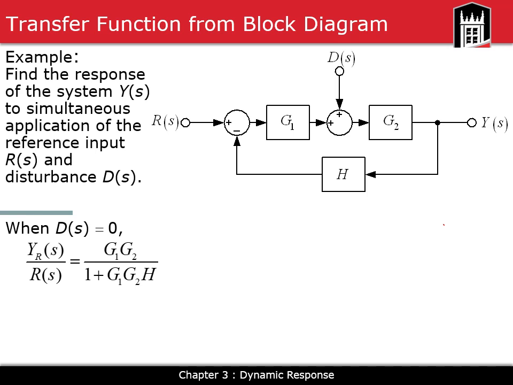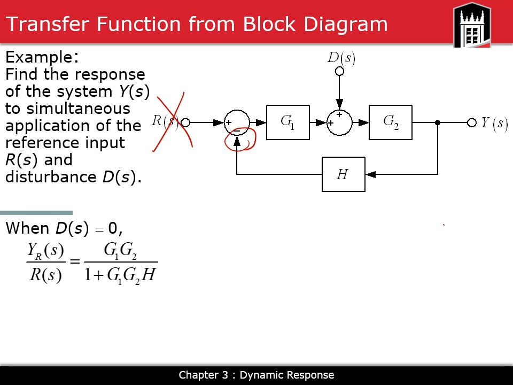If D is 0, this is what we obtained. Now if R is 0, whatever goes to that summation with a positive sign is 0. So we can remove that summation on the left, but be careful with the negative sign over here if we have to include that negative sign into our calculations.